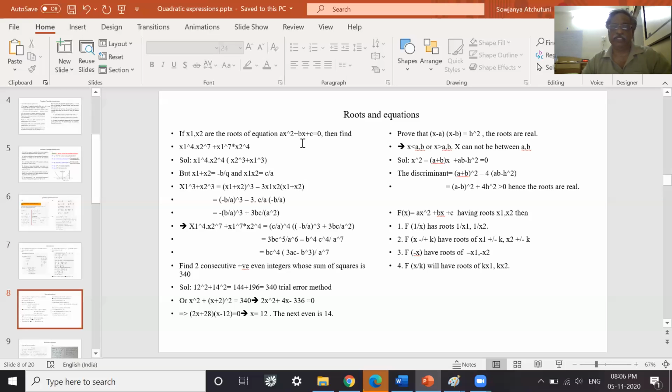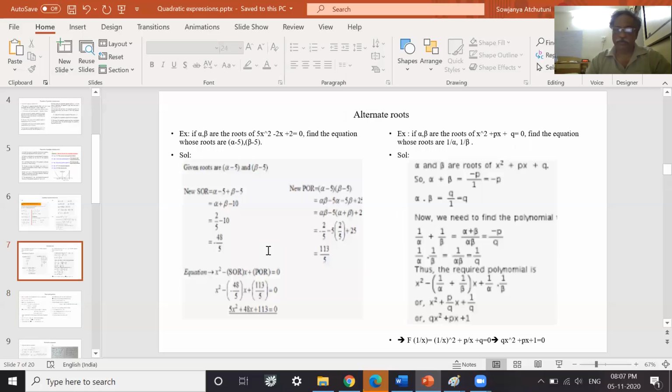So I know x1 plus x2 is equal to minus b by a, and x1 x2 is c by a. So I get x1 cubed plus x2 cubed. I have to substitute x1 to the power of 4 x2 to the power of 4, which is c by a to the power of 4, into the expression for x1 cubed plus x2 cubed. By simplifying, I am getting this answer.